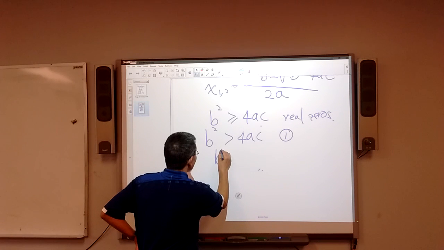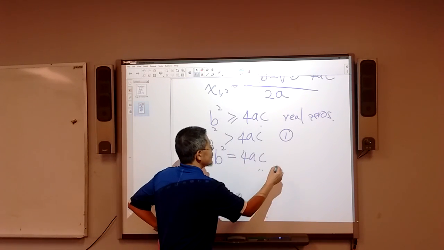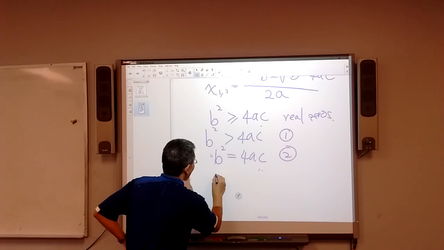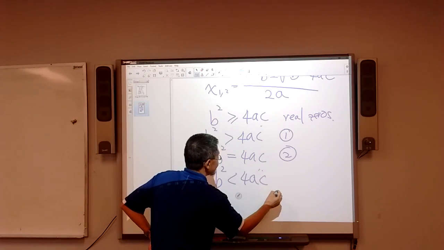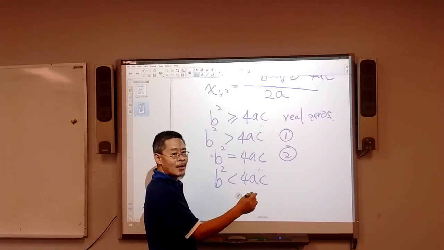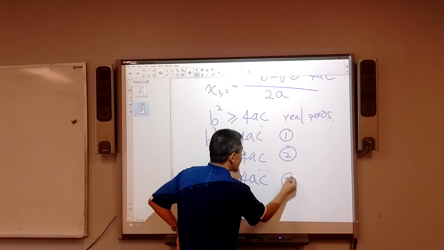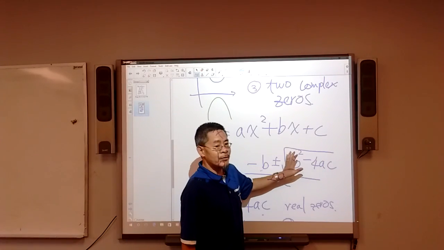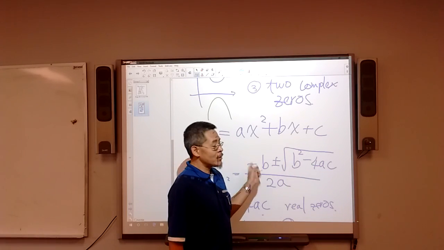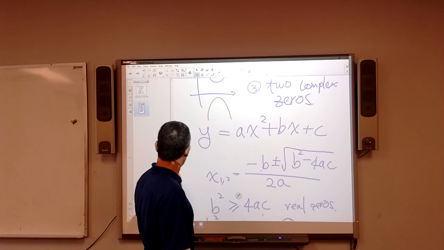And b squared equals 4ac, double zeros. And b squared less than 4ac, that's the third, right? So basically, whatever is inside the square root, if it's negative, that means we end up with complex zeros.